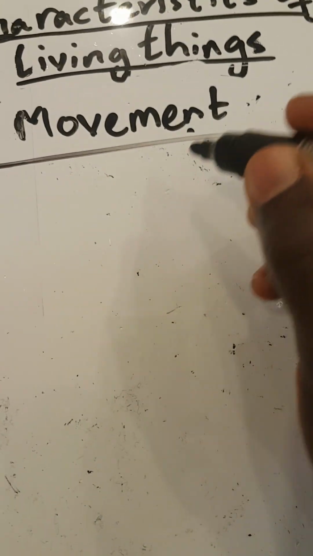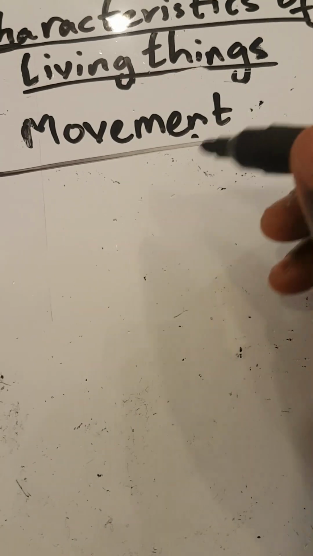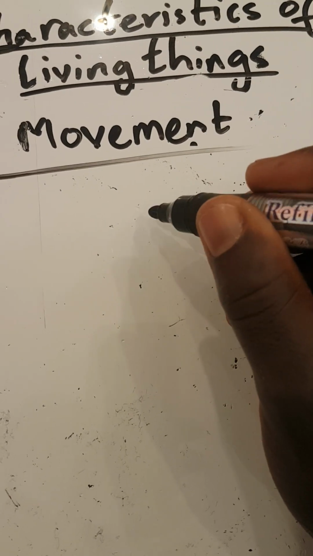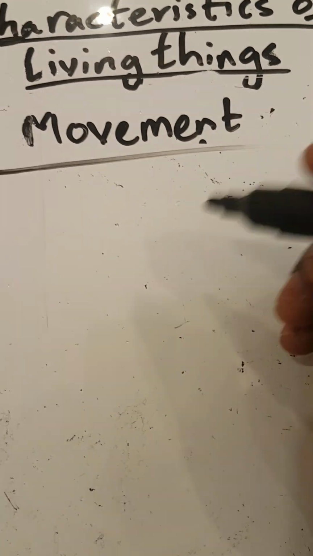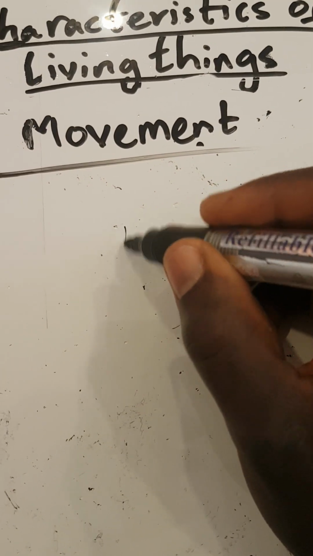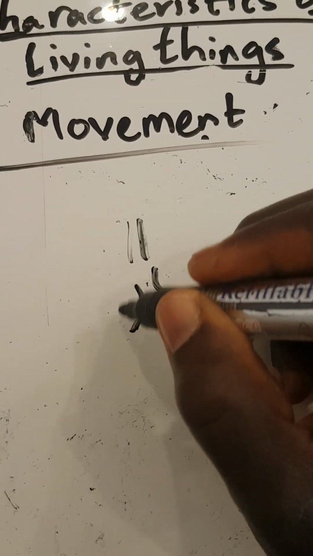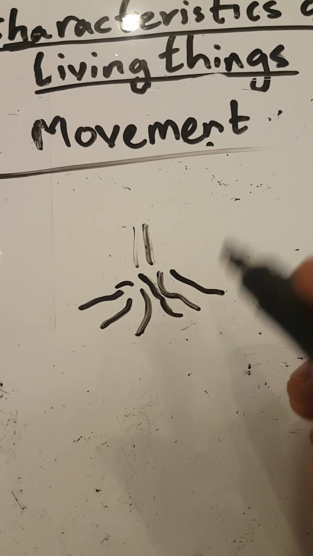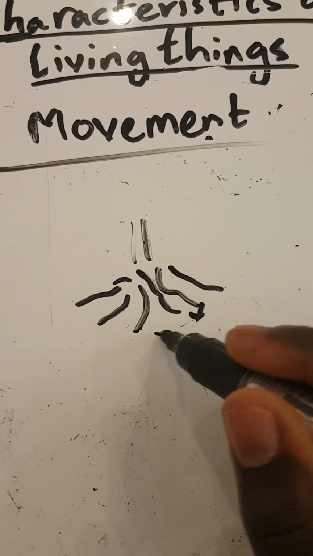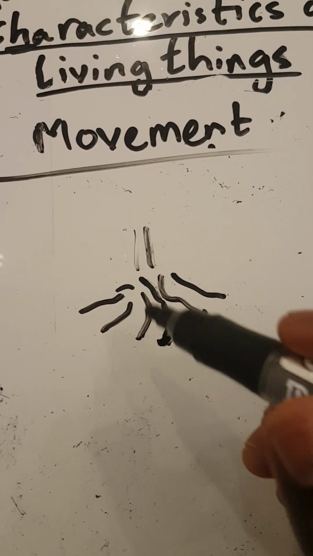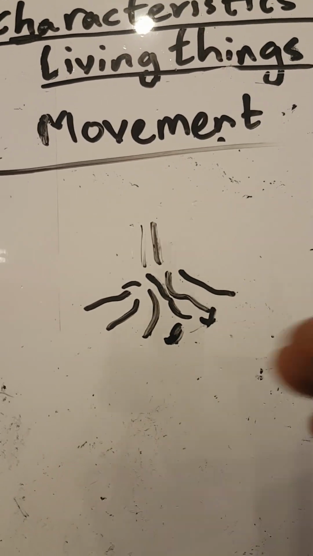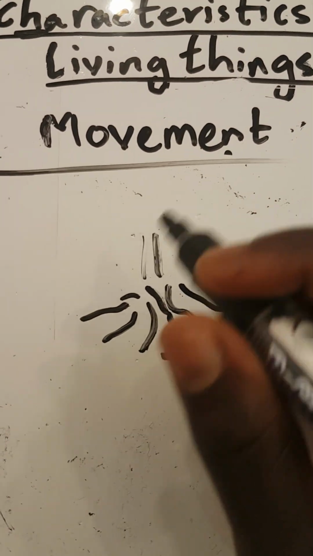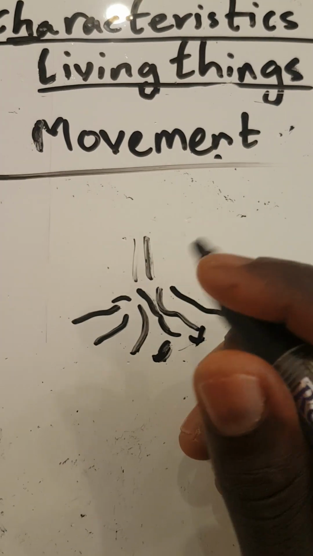Their roots help them to move beneath the soil in search of nutrients and also water. So that's why you see most of the time roots are scattered beneath the ground, just to search for nutrients, soil and also water for it to germinate. So movement is one of the characteristics of a living thing.